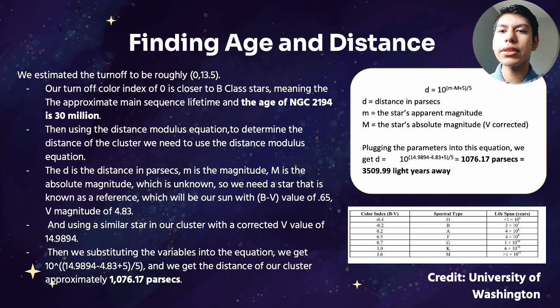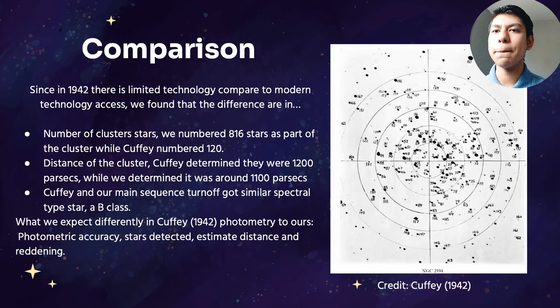And using a similar star in the cluster with a corrected V value of 14.9894, we substitute the variables into the equation. We get 10 to the power of (14.9894 minus 4.83 plus 5) divided by 5, and we get the distance of the cluster to be approximately 1076.7 parsecs.